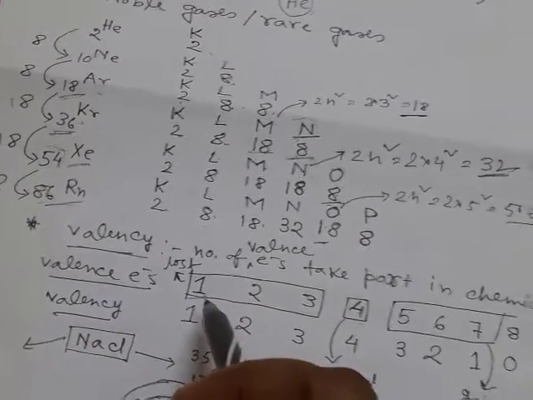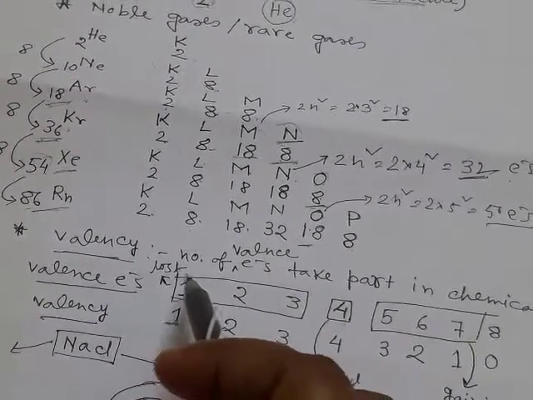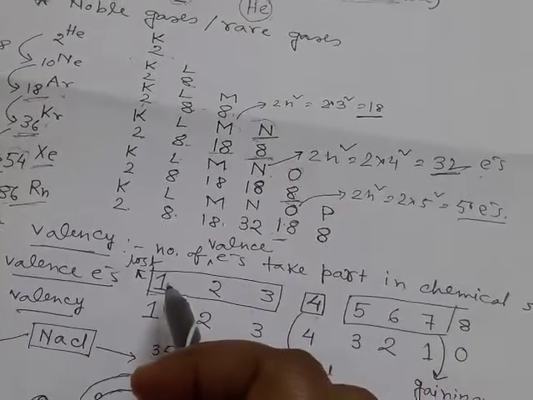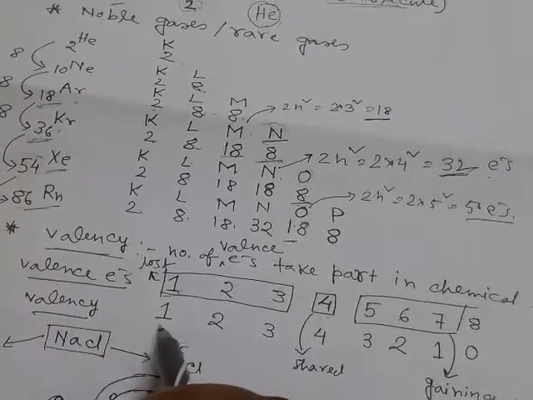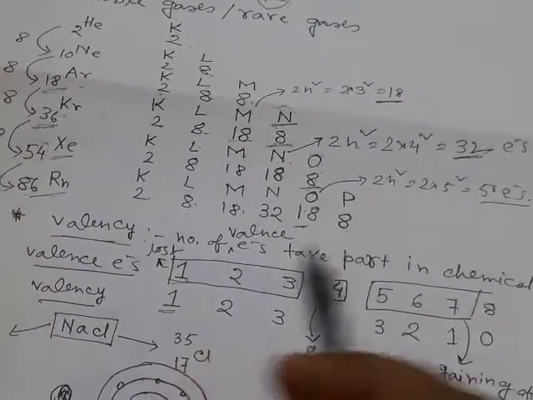As here 1 electron is lost, that is this electron is taking part in a chemical reaction, so the valency of that atom will be 1.